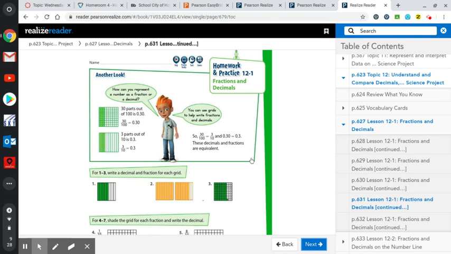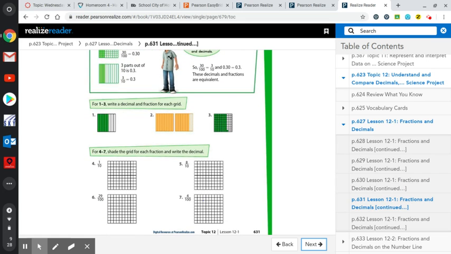All right. So let's look at number 1. It says write a decimal and a fraction for each of the grid. So on number 1, you should be thinking, well, am I going to be using tenths or hundredths? When you're using the long ones, you definitely are going to be using tenths. So you can fill in your denominator. I'm going to actually put ones over here so I don't run out of room.